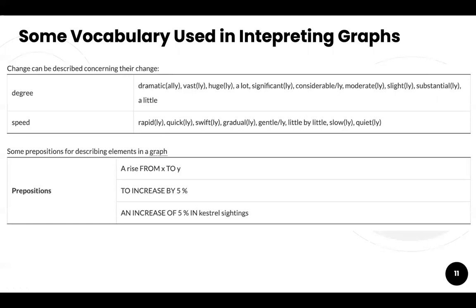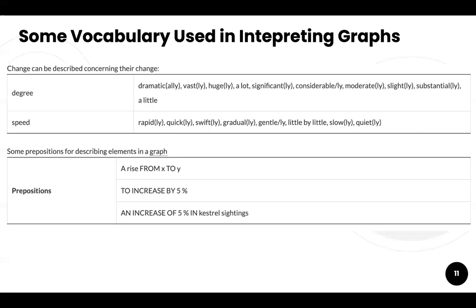You can also use some prepositions, like rise from 10 to 20 or from 5,000 to 7,000. And then you have increase by 5%. The population increased by 25% from 1970 to 1975.